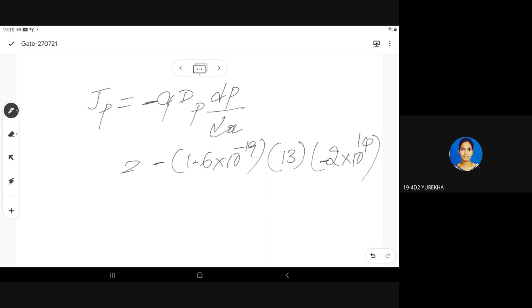So what is the answer? Multiplying, we get almost 4.16, so the answer is 4.16 × 10^-4.